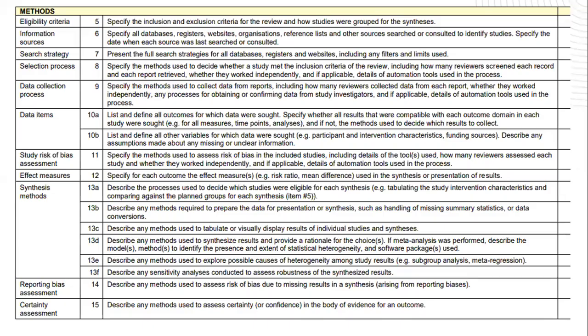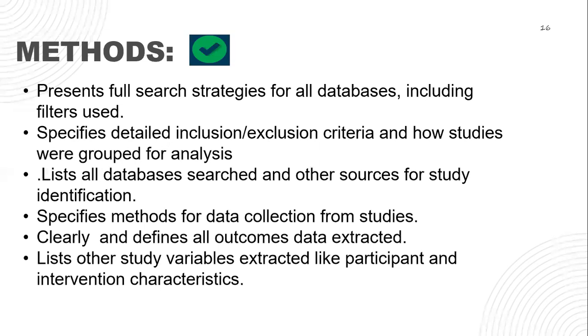According to the PRISMA checklist, what we look for in the method is the eligibility criteria, information sources, search strategy, selection processes, data collection processes, data items, study risk of bias assessment, effect measures, synthesis methods, reporting bias, and certainty assessment.